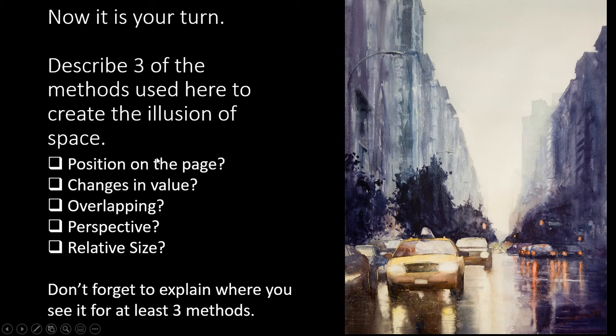So you have to name it, and then you have to say where you see it in the picture. If you don't say where you see it in the picture, then you're not showing that you understand the idea. All right? So position on the page, changes in value, overlapping, perspective, relative size. There's more than 3. Pick the 3 that are the most obvious to you.